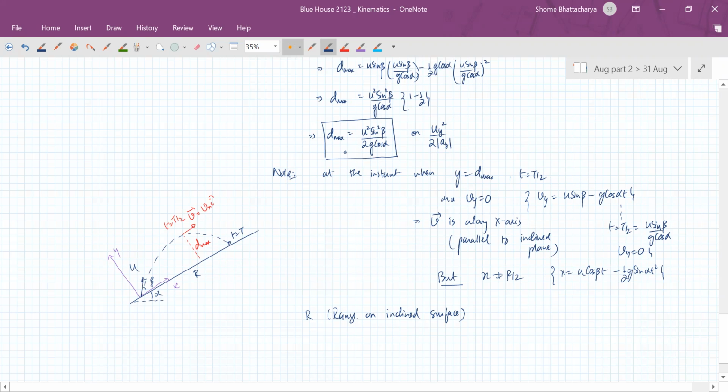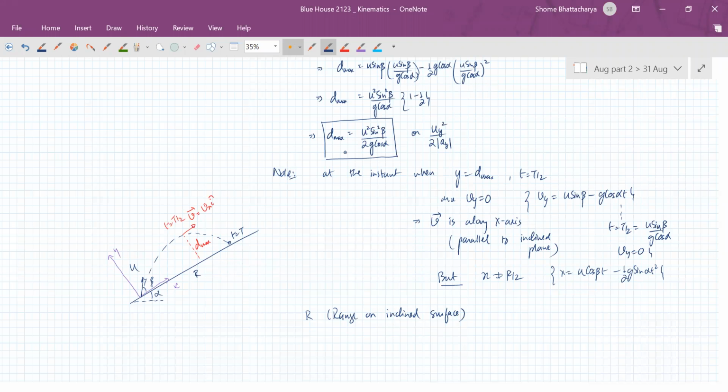They're all derived from the four equations: vx, vy, and the x and y coordinates as functions of time. Whenever you're doing a question with respect to the inclined plane, don't make it formula based. Take your axes x and y according to the question given, resolve all your vectors, that is the initial velocity u and the acceleration g, and write those equations. From those equations, you'll be able to see the answers.